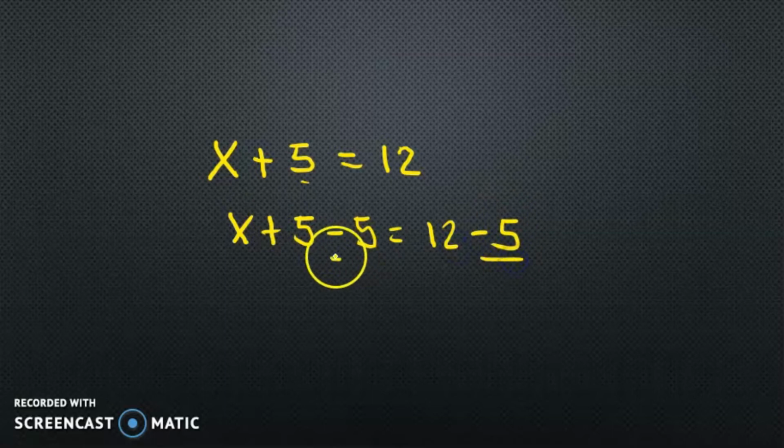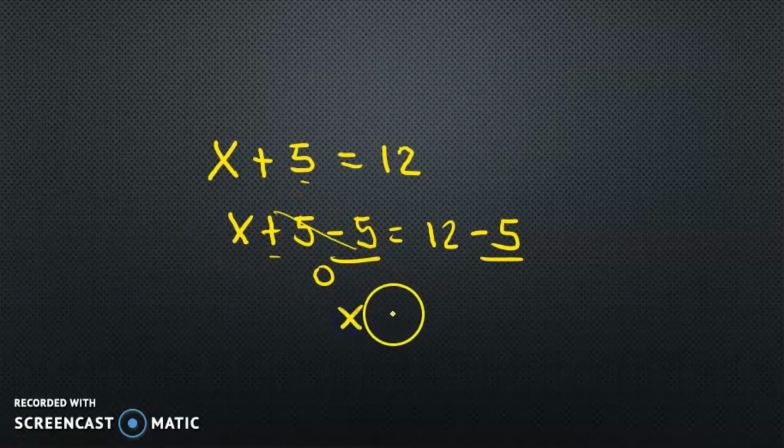Pareho natin minus by 5 kasi plus yan, no? Positive 5 minus 5 is equals to 0, right? Halos cancel na rin, so ang natira ay x. So x is equals to 12 minus 5 is ilan? Okay, 7. So our x is 7.